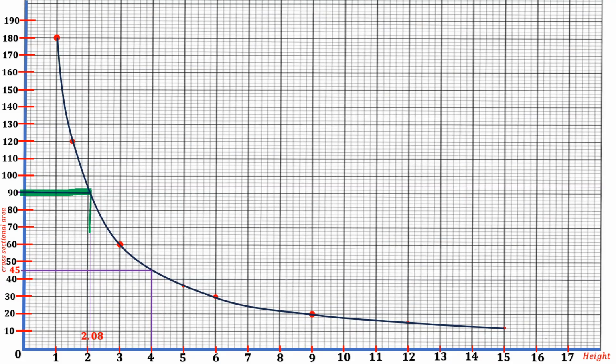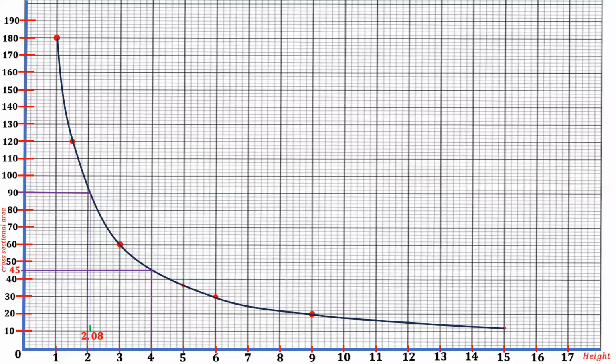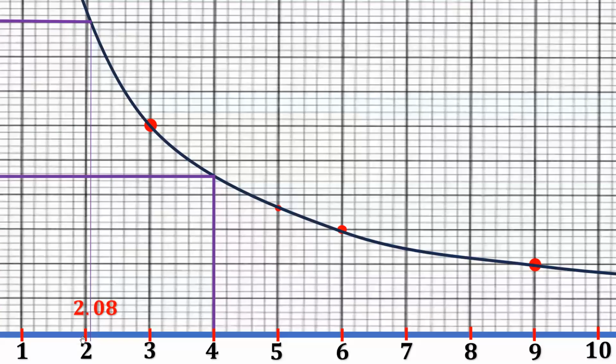If we go down, and you go down enough, this is about 2.08, okay? How I got that? This is 2, this is 2.2, 2.4, 2.6, 2.8.